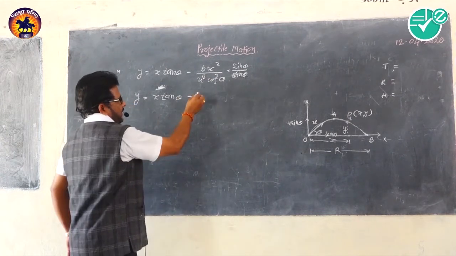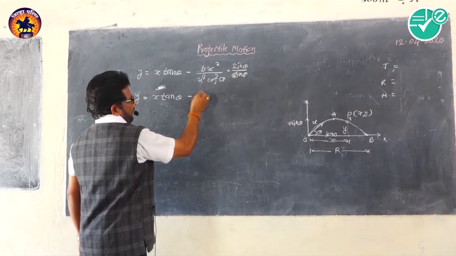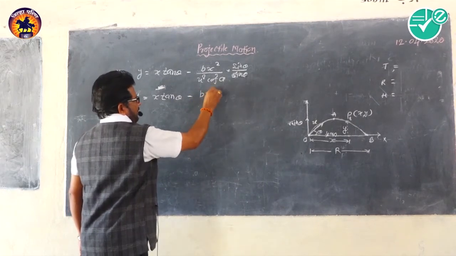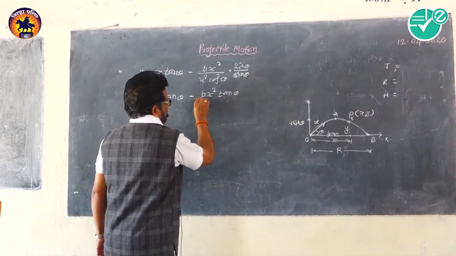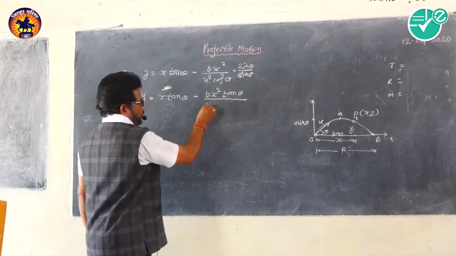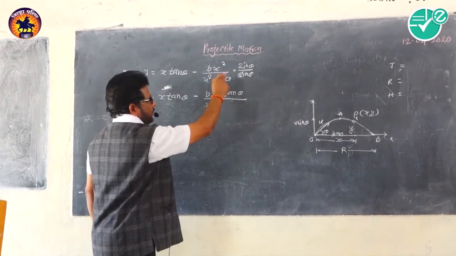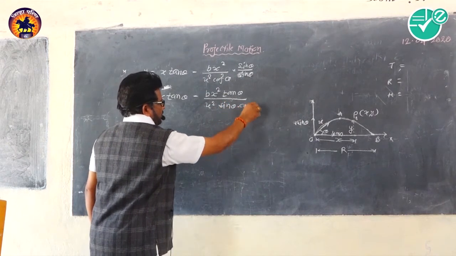So it can be written as g x square tan theta divided by u square cos theta into sin theta, or sin theta into cos theta.